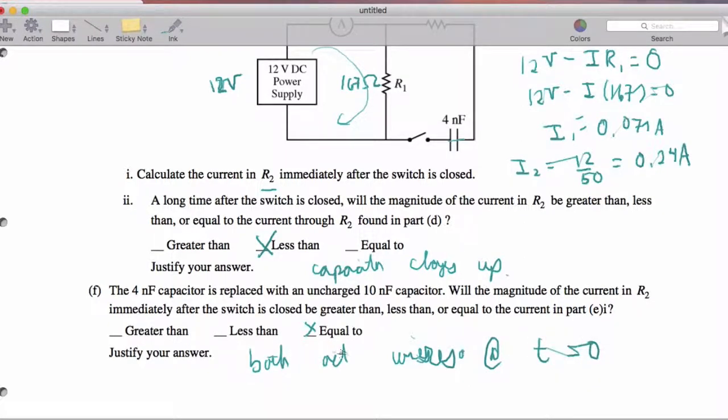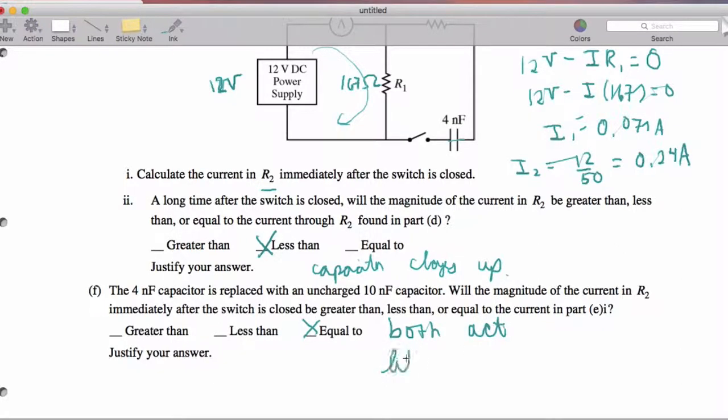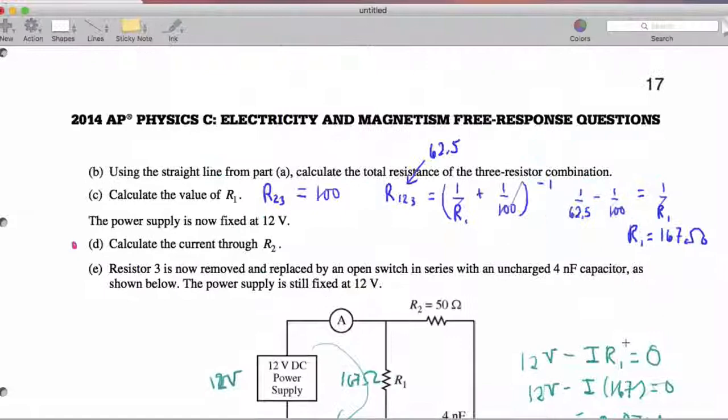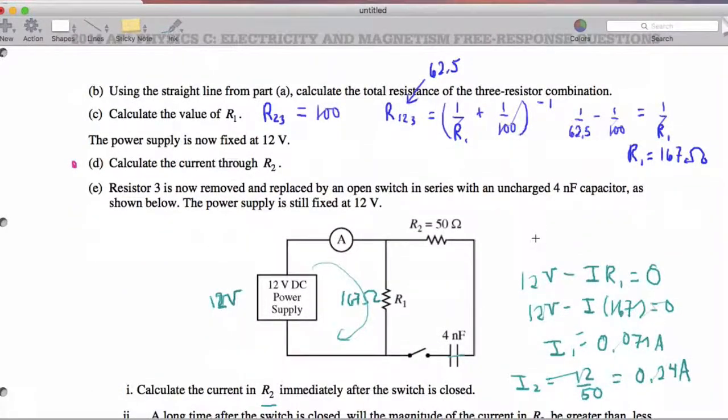Oh my gosh, that's terrible writing. They both act like wires at t equals 0, so their capacitance doesn't matter. So that is the answer to the 2014 practice problem.